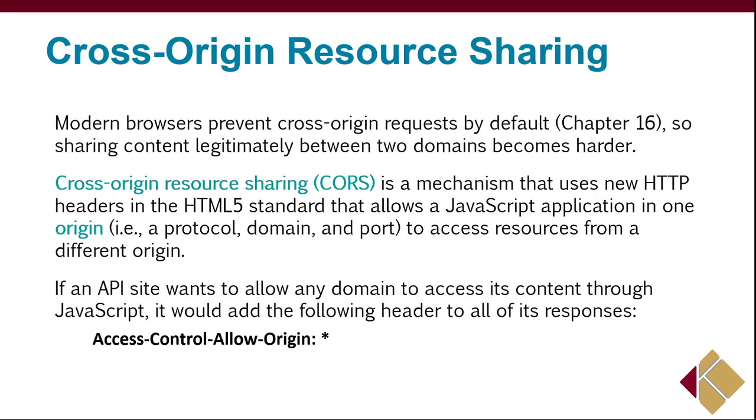And you may get in your console something like cross-origin blocked. So just know that if you need that kind of thing, you just need to add this Access-Control-Allow-Origin to your header.